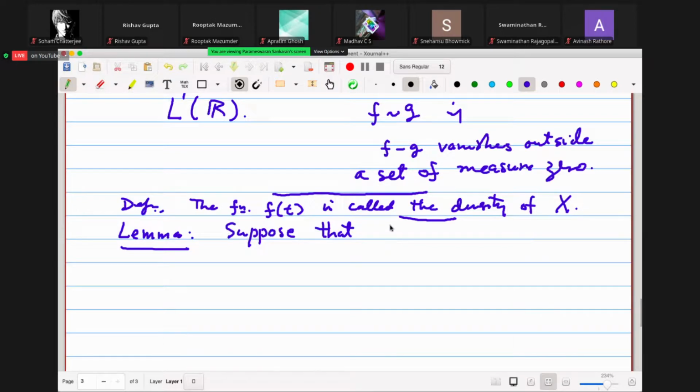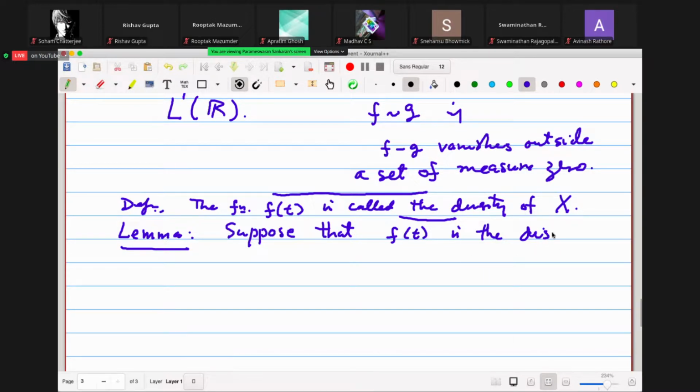Suppose that f of t is the density function. Here also, saying "the density function" doesn't make any sense, because it's not just one single function. I can change the values of f at finitely many points, or maybe on a set of measure 0, and I can still make sense of the integration.